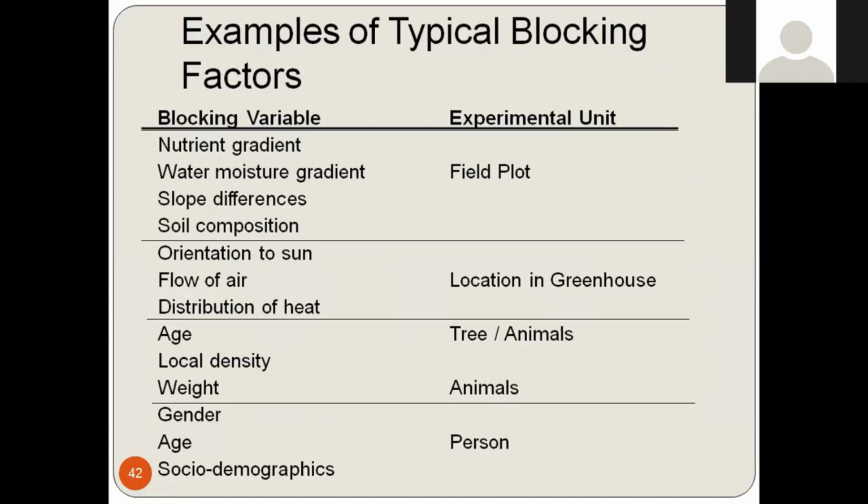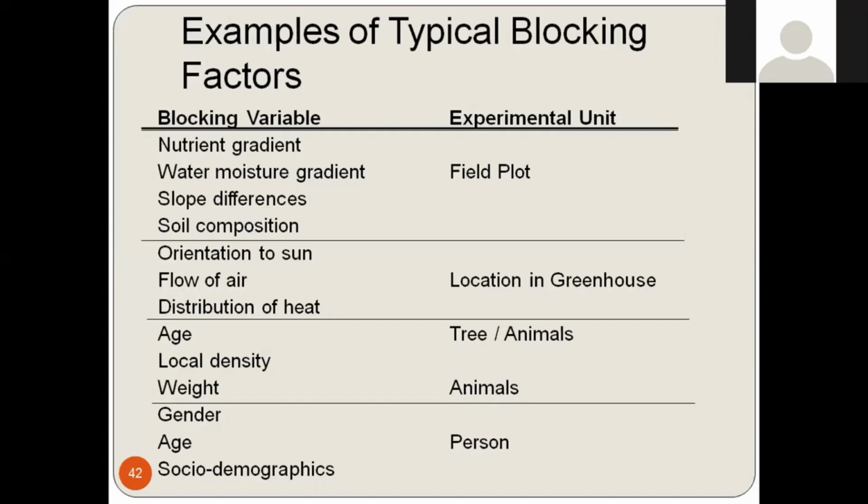When you do experiments in the field plot, there may be a nutrient gradient, moisture or water gradient, slope differences. Slope may be different, soil composition may be different. So in those cases, we can do the blocking separately, perpendicular to the gradient.